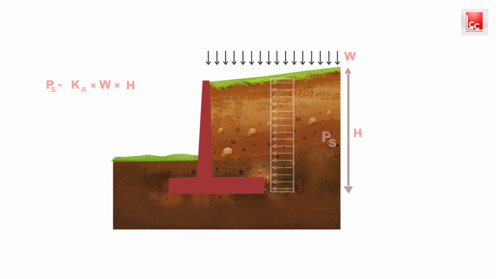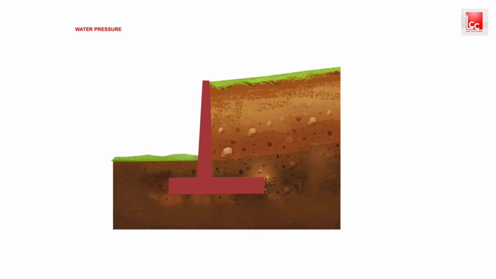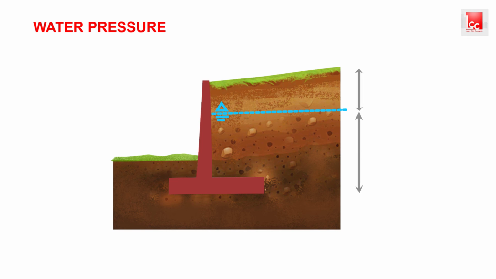The next force which acts on the wall is from the water present behind it. This is called water pressure. This case is a bit complex, so let's simplify it slowly. When water does not have an escape route, it will accumulate and apply pressure on the wall. Let us consider the height till which the soil is submerged in water as HW.